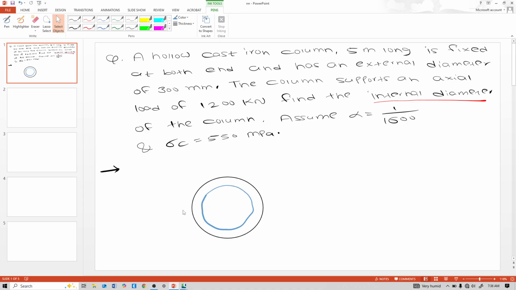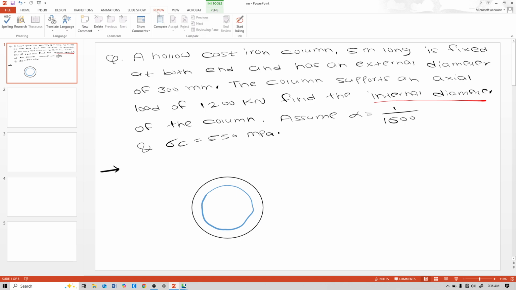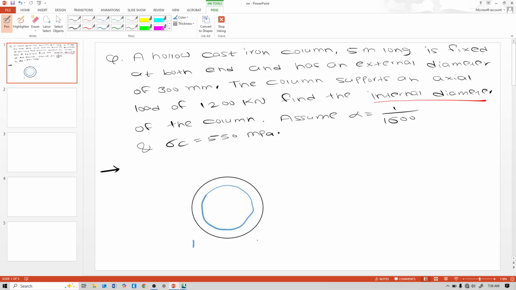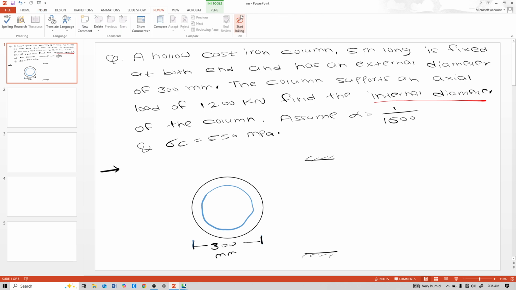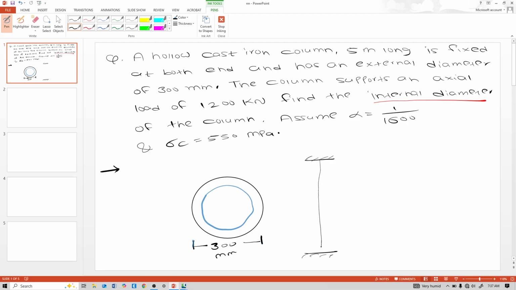Like this is a hollow cast iron column of external diameter 300 mm. And the boundary conditions of this column are one end is fixed and the other end is also fixed. This is the column and the length of that column is 5 meter.